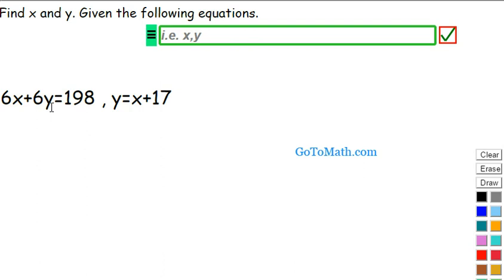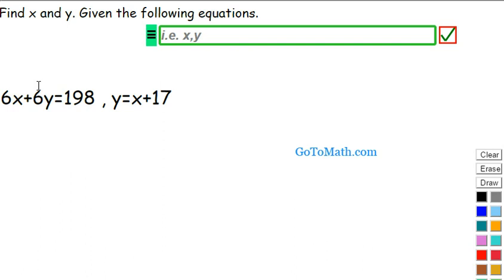We have two unknowns, an x and a y. Now we have another equation over here with an x and a y, and what we're going to end up doing here is we're going to use this equation to help us find the solution to this equation here.